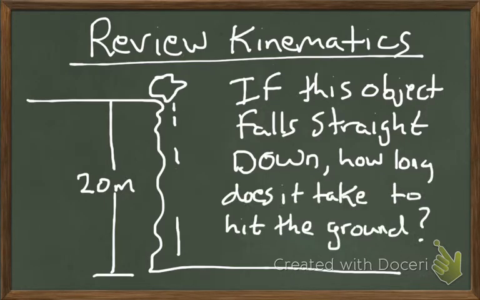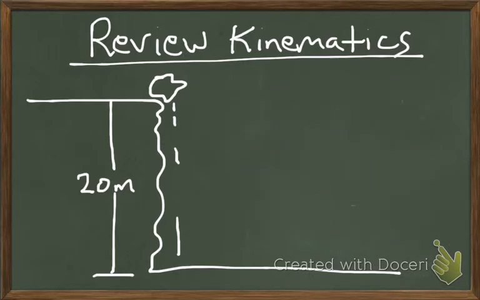All right, this is going to be the foundation of how we do these problems. So let's review how to do this. We need to write down the things that we know. Explicitly, the only thing that's given here is 20 meters, but there are a few other things that we can figure out. For example, we know the initial velocity is 0. This is basically the same model of dropping something from rest.